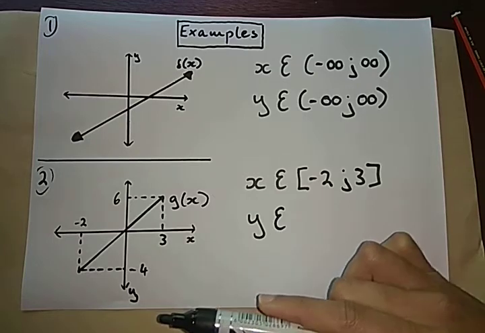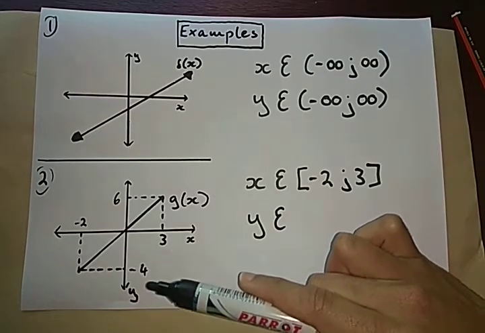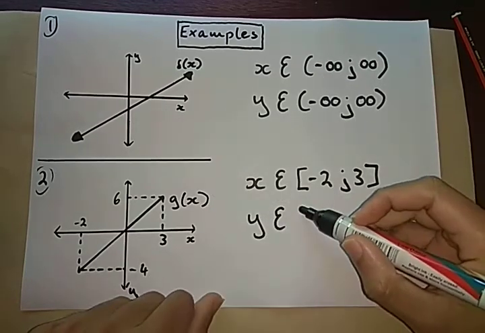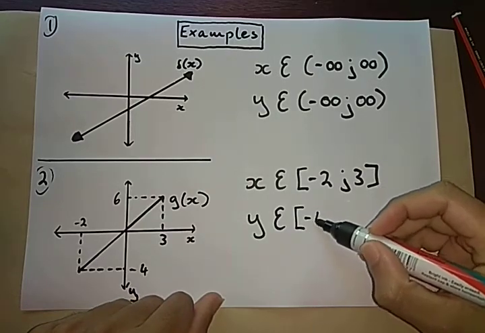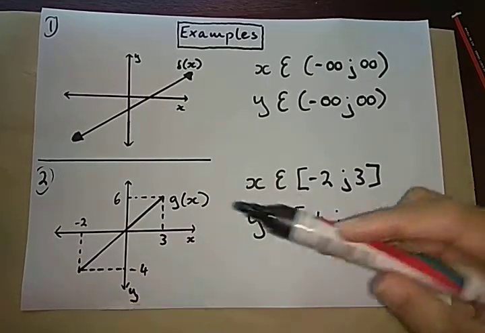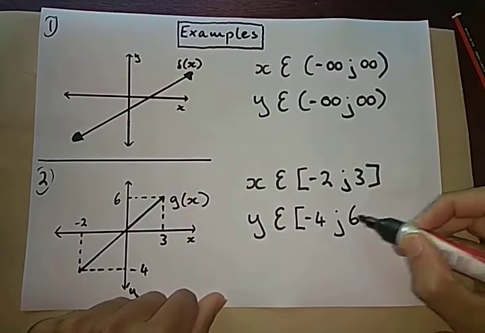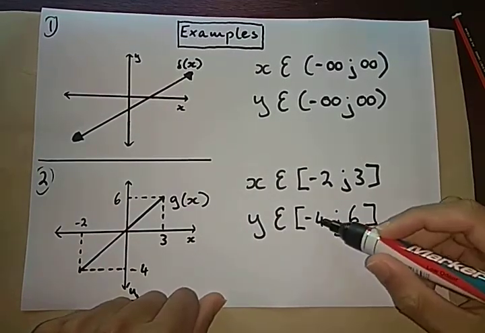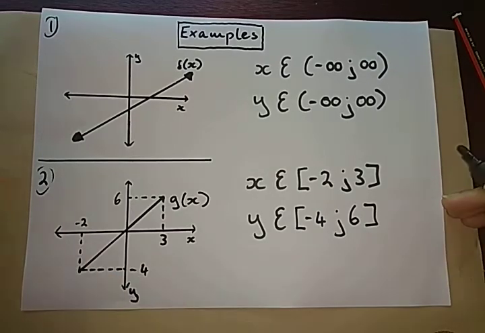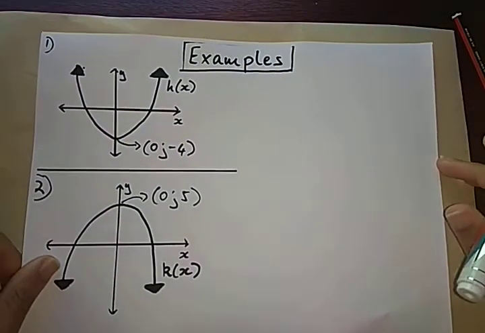The lowest value on the y-axis will be negative 4, including, and the highest value will be a positive 6, including. Lowest, highest.